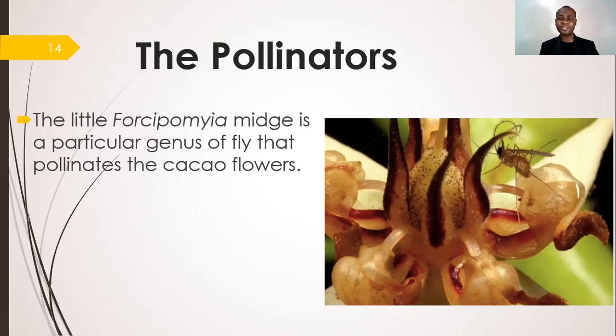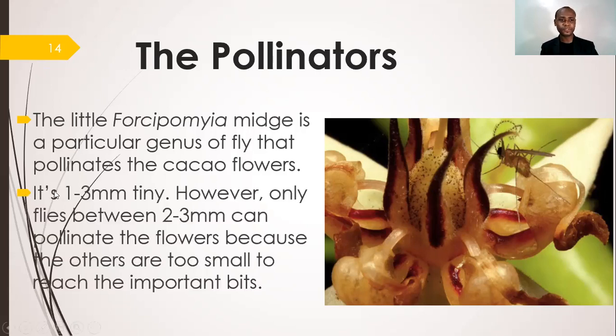Like I mentioned earlier, the structure of the flower is such that bees are too big. They cannot penetrate to pollinate the cacao. They cannot go inside the flower to enhance the pollination. So the midge is like 1 to 3 millimeters in size.